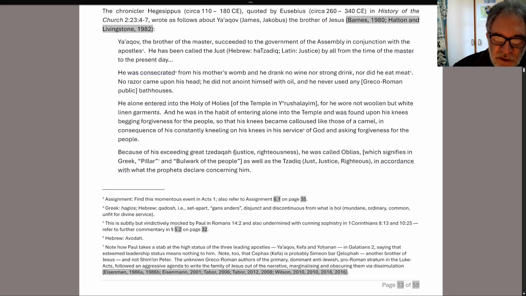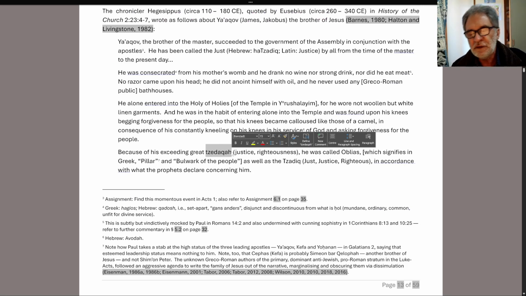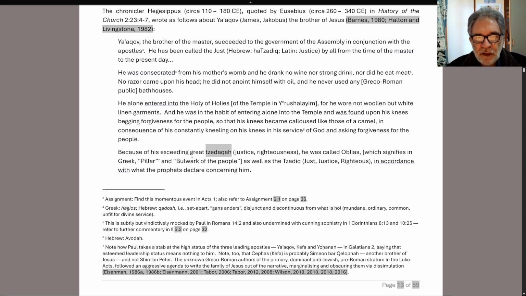Okay, so just note as a sideways point that the title given to Yaakov was Tzaddik, and the Latin term for this justice and righteousness is literally justice. And this is going to come up a little bit later.